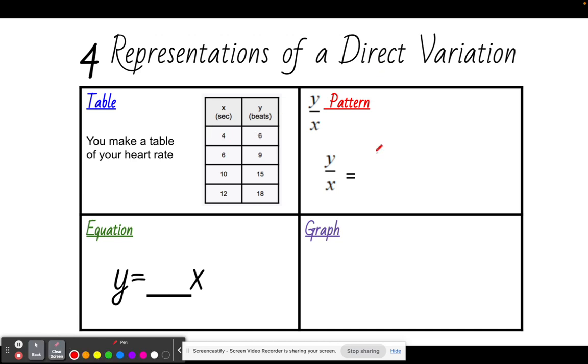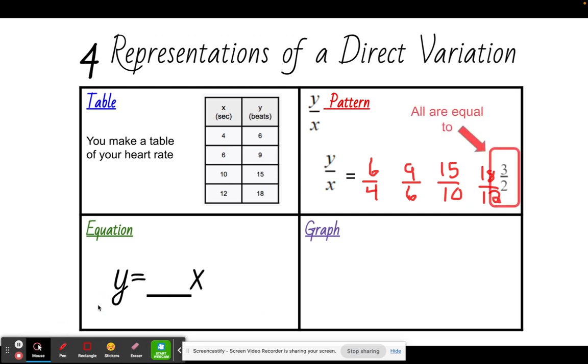I have 6 over 4, 9 over 6, 15 over 10, and lastly, 18 over 12. I could simplify each and every one of these, and if I do, I will end up with 3 over 2. They're all equal to 3 over 2.